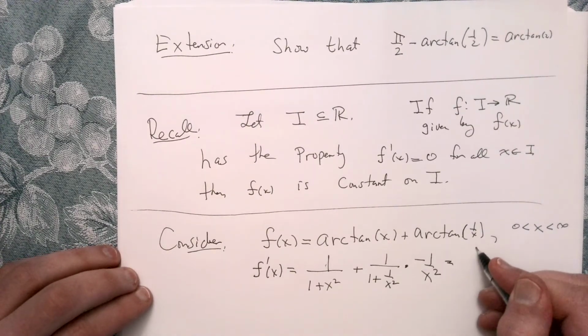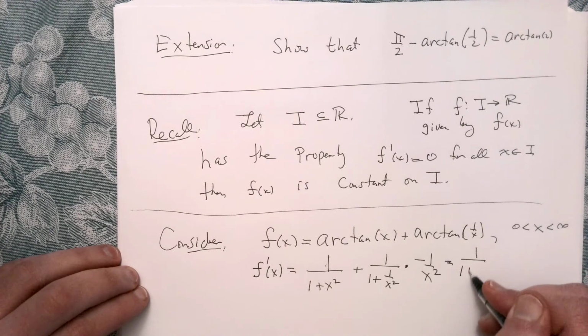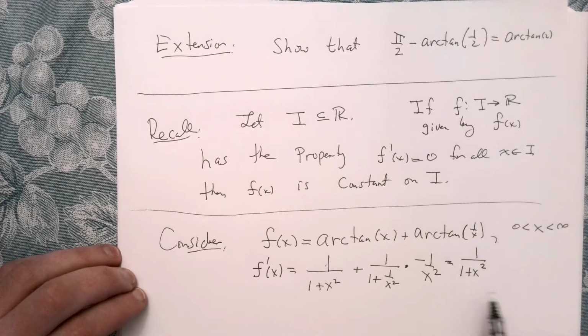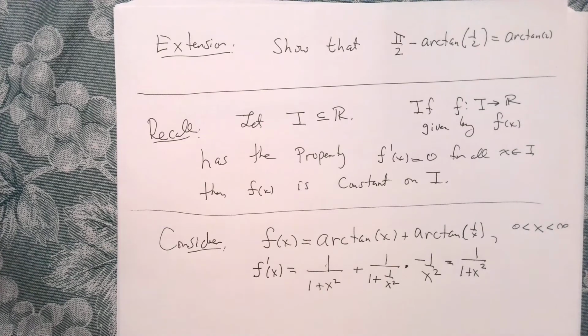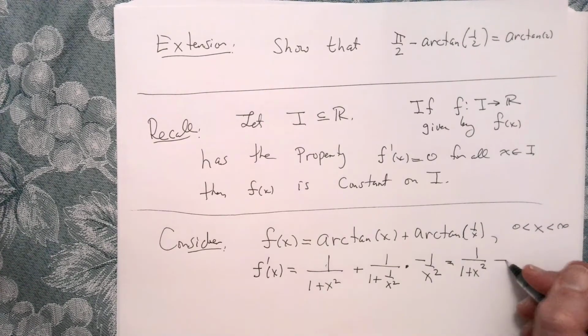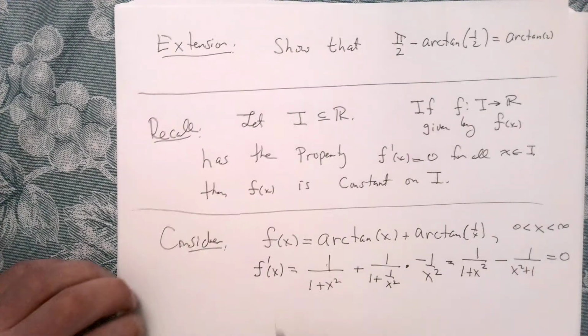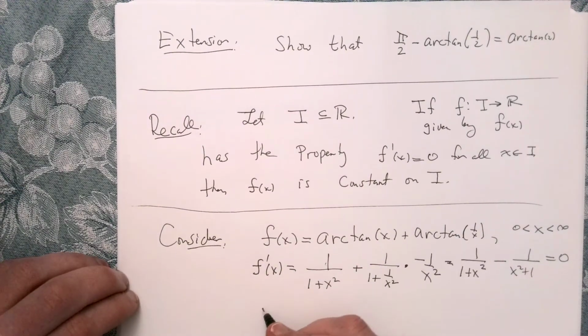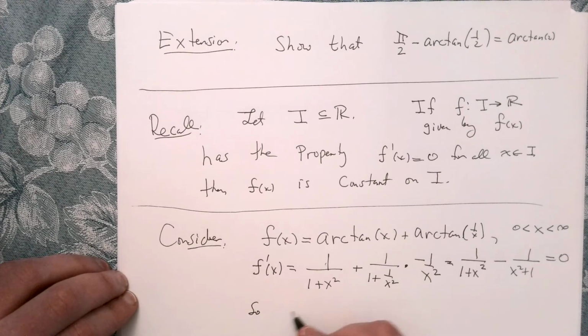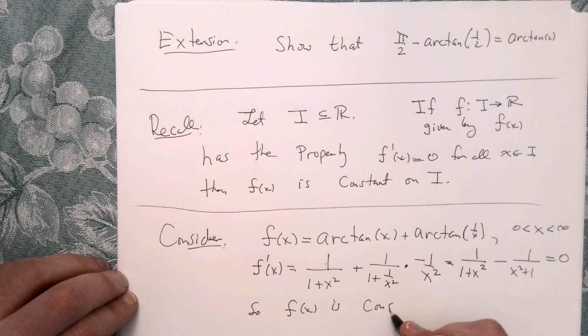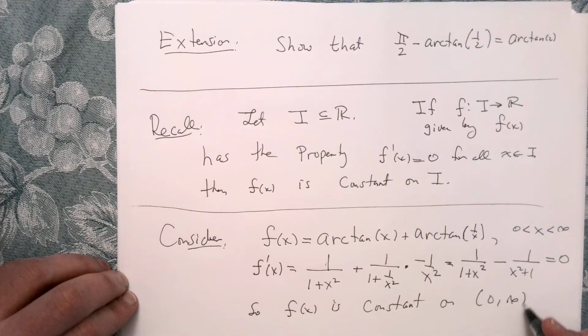And that's actually pretty nice because that gives me the reciprocal of 1 plus x squared, so 1 over 1 plus x squared. And then this will be minus 1 over, and then I distribute, x squared plus 1, but that's the same thing, so that's 0. And so that tells me that f is constant on 0 to infinity.